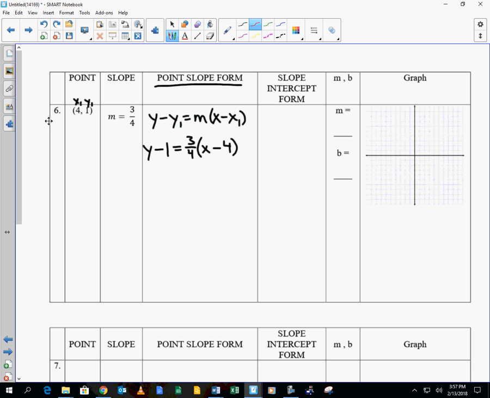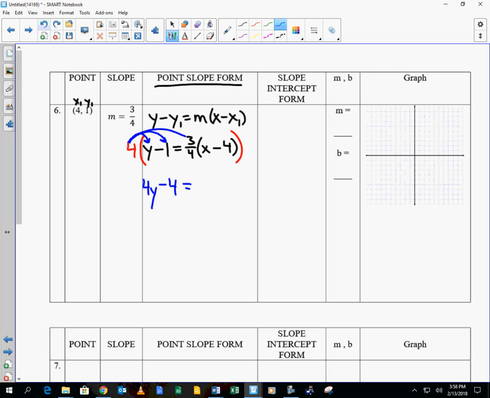Instead of distributing this 3/4 through right now, because it's a fraction, and I know how much you guys don't like fractions sometimes, let's get rid of the fraction. Let's multiply through by the denominator, which is 4. Four times y is 4y. 4 times negative 1 is negative 4.